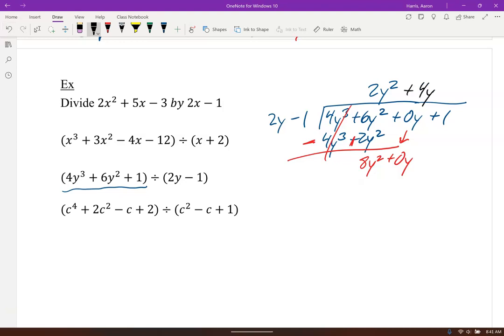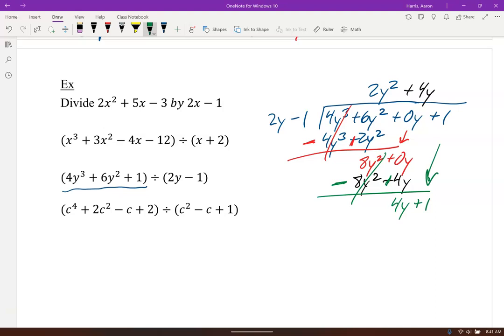Now multiply through. 4y times 2y, 8y squared. 4y times negative 1, negative 4y. Don't forget to change both of those signs. So that'll cancel. I got 0y plus 4y is a 4y. And we'll bring down our plus 1.